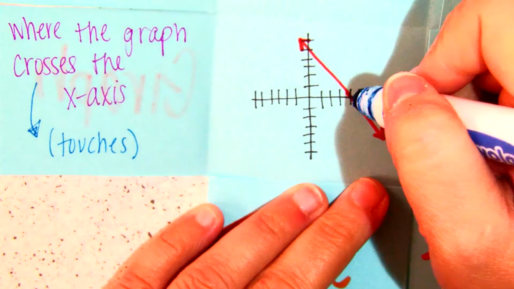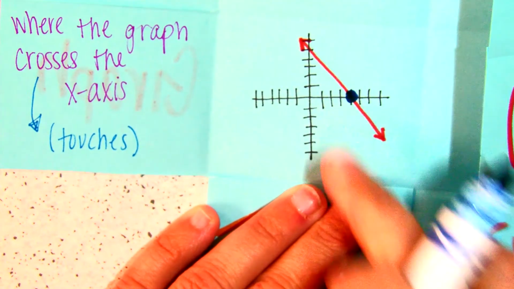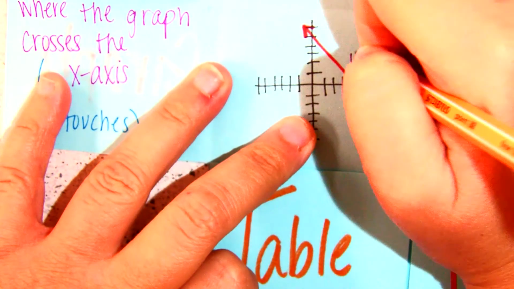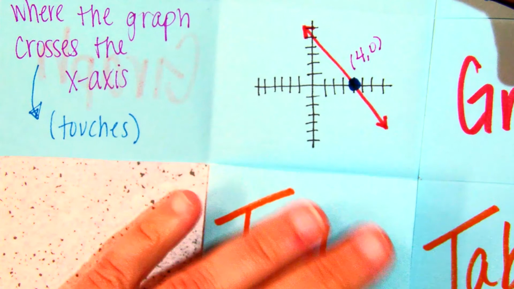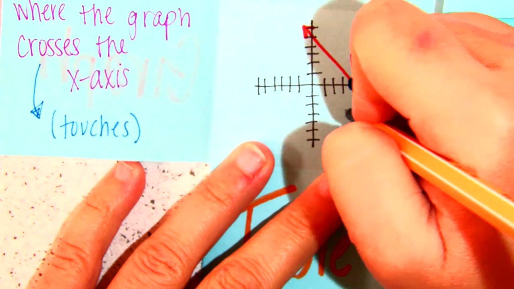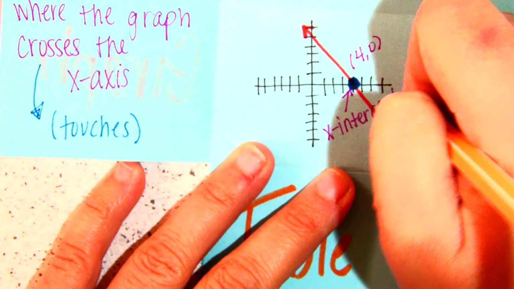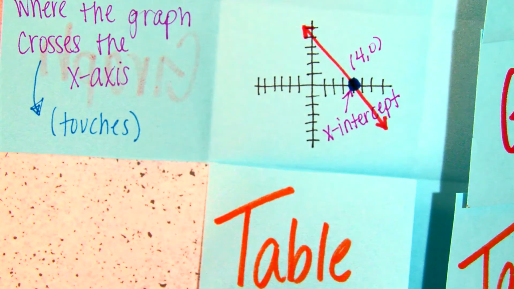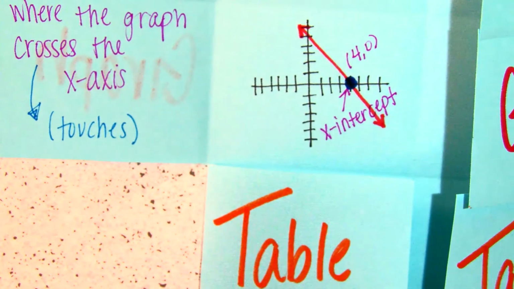My x-intercept is where it touches or crosses the x-axis. So it touches and crosses right there. Okay? So that ordered pair is 4, 0. Remember, the y is always 0 on the x-axis. Okay? So this is our x-intercept, because that's where it crosses or touches the x-axis. So that's it for graph.